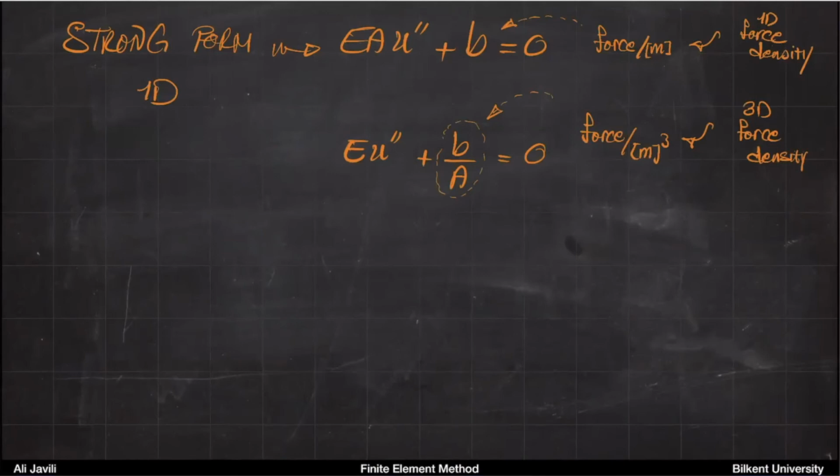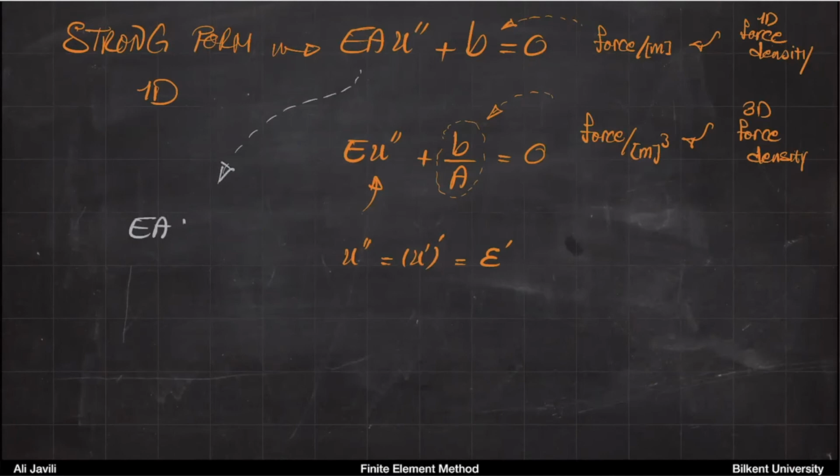So in 3D, if you get something like that, you shouldn't be too surprised. Now, what was U double prime? Basically U prime prime. And in 1D, U prime is epsilon, right? So this is sort of epsilon prime. You also remember maybe that this was in fact not EAU double prime.